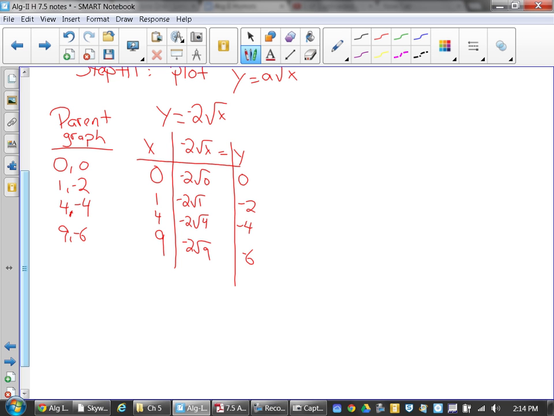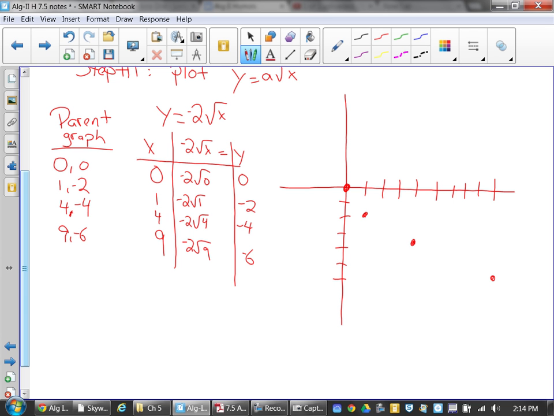Plot it. 0, 0, 1, -2, 4, -4, and 9, -6. And it's going to look like that.